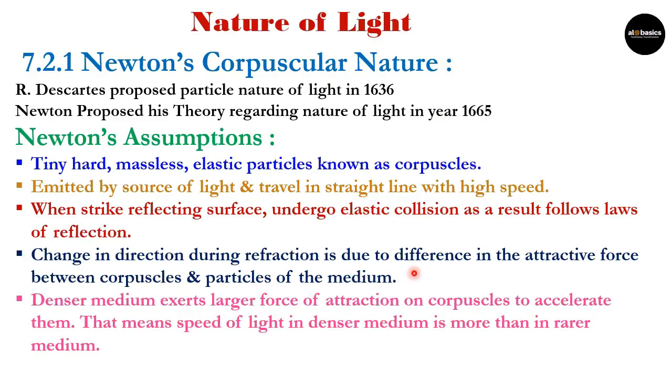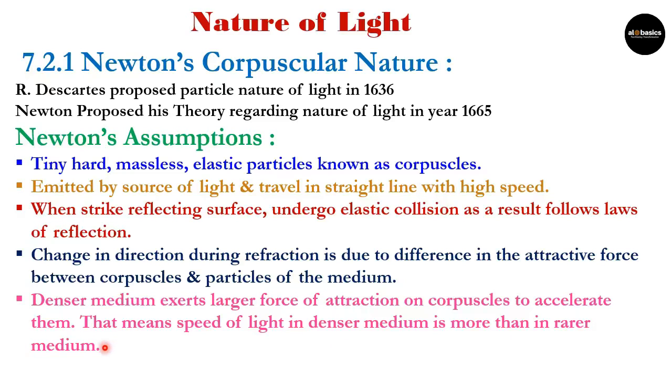Then comes the next point, where he said that a denser medium exerts a larger force of attraction on corpuscles to accelerate them. That means the speed of light in a denser medium is more than in a rarer medium. See here what Newton has considered: that speed of light in denser medium is more than in rarer medium.